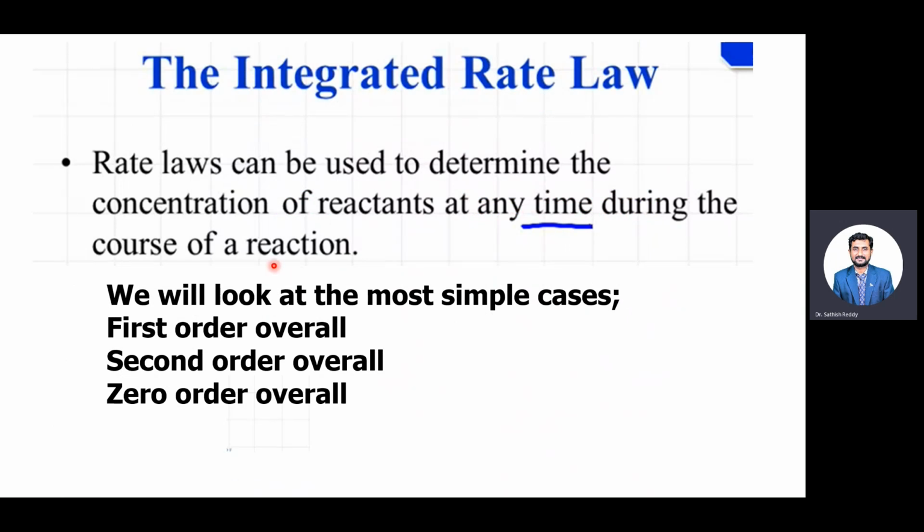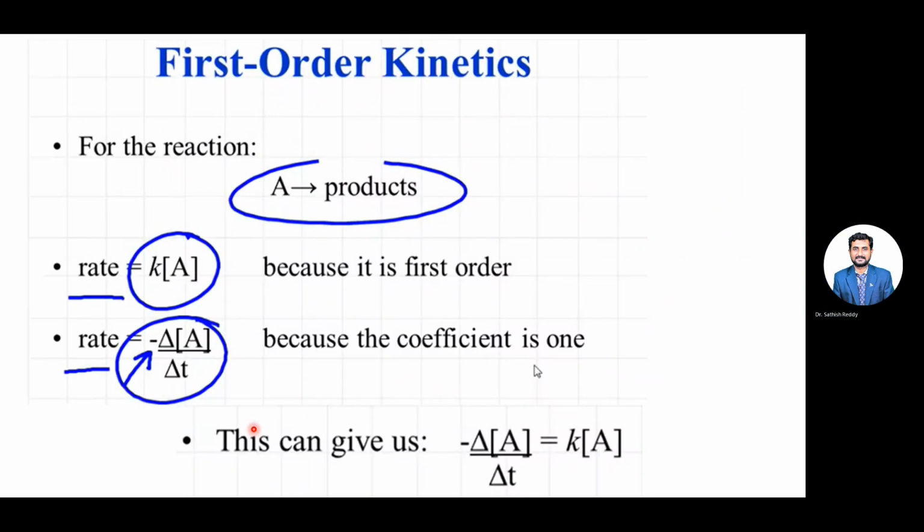Integrated rate law. The rate law can be used to determine the concentration of reactant at a given time during the course of the reaction. We can look at some simple cases: first order overall, second order overall, zero order overall.